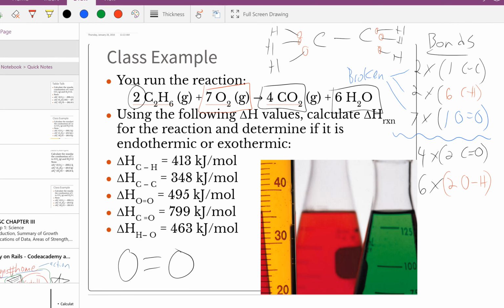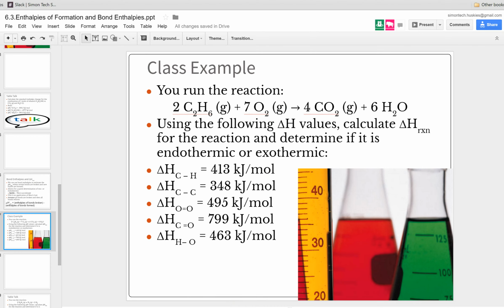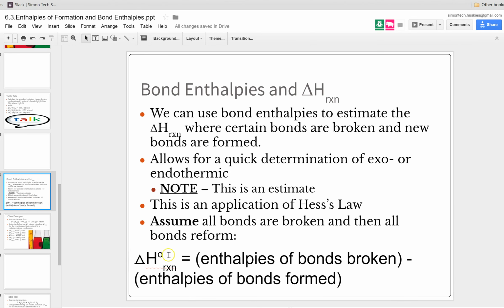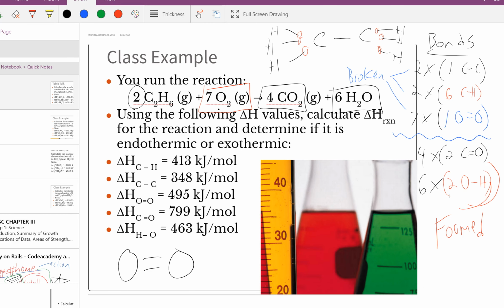Now I'm going to stop for a second so you can see all the bonds broken and all the bonds formed. From here you should start to be able to understand how to solve this problem, as long as you know the equation: the standard delta H of the reaction is the enthalpies of bonds broken minus the enthalpies of bonds formed. Yeah, this is actually not that hard.